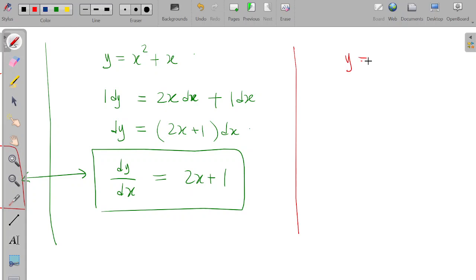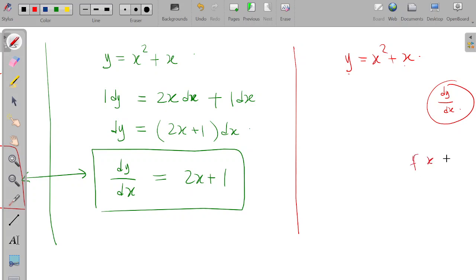So now the idea of implicit differentiation is this. Because y is a function of x, anytime I derive y, I'm going to multiply by dy over dx, because y is a function of x.